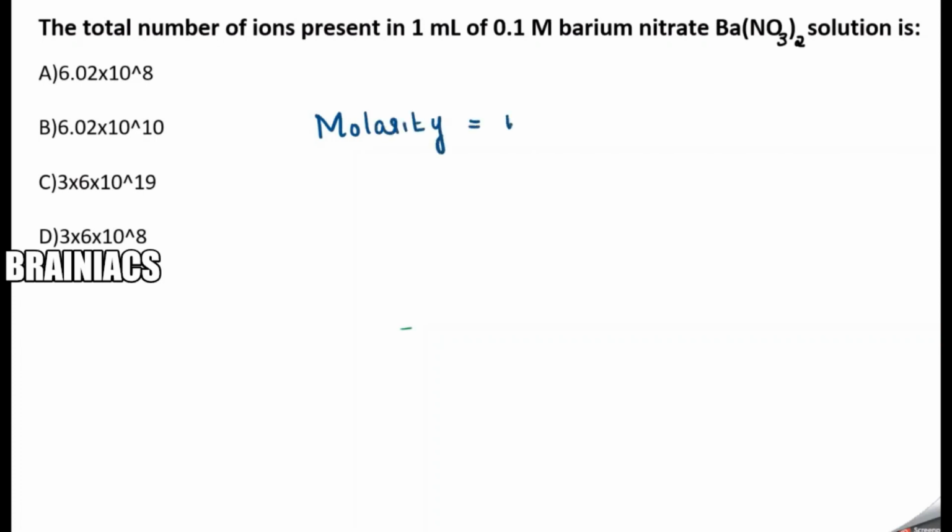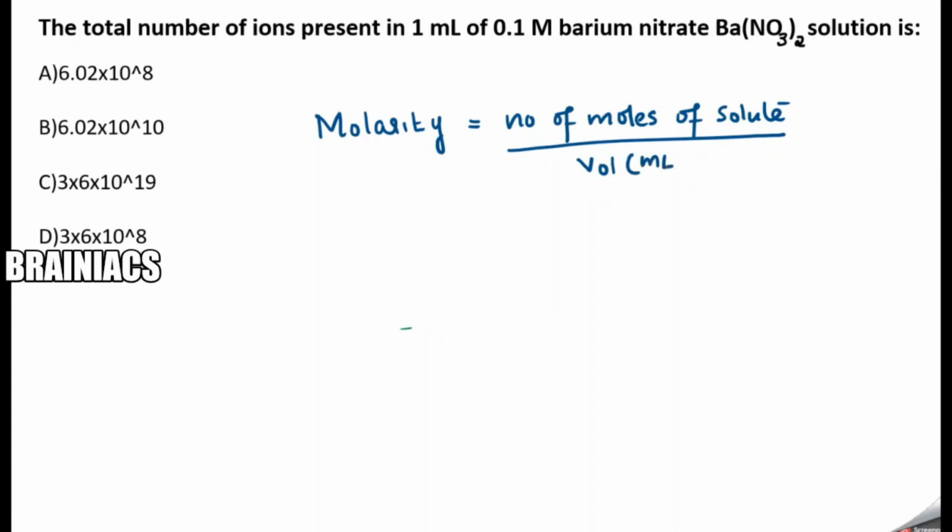Molarity is equal to the number of moles of the solute. Here the solute is barium nitrate. Number of moles of the solute divided by volume of the solution. Normally it should be in liters. If you are expressing it in ml, then the numerator should be multiplied by 1000.